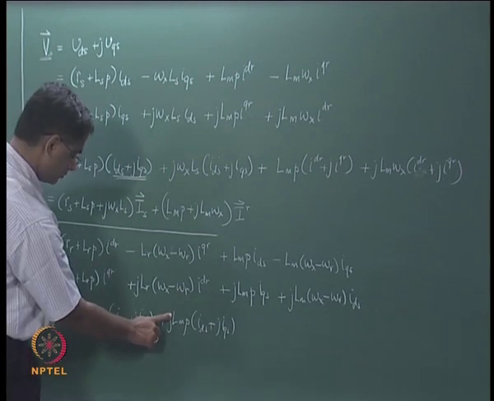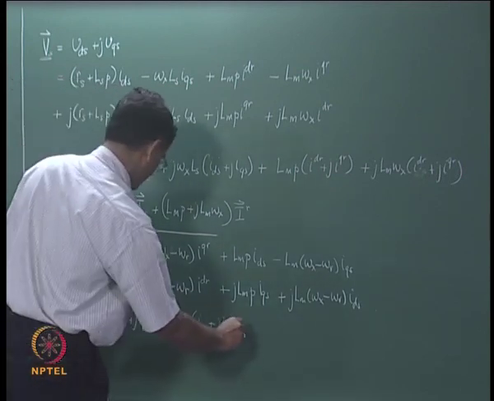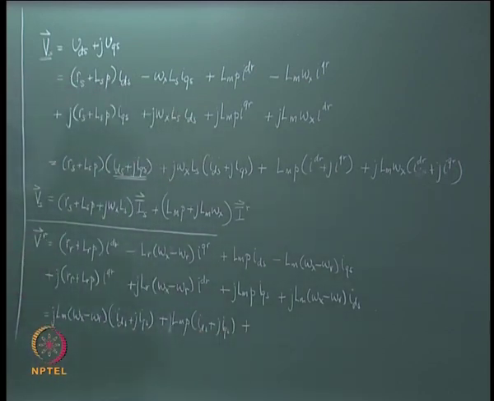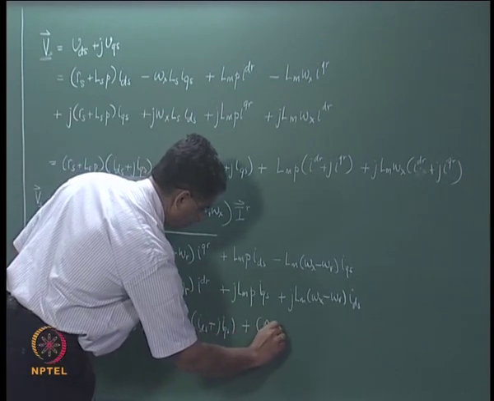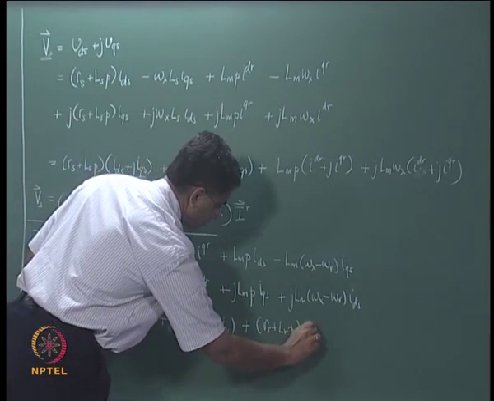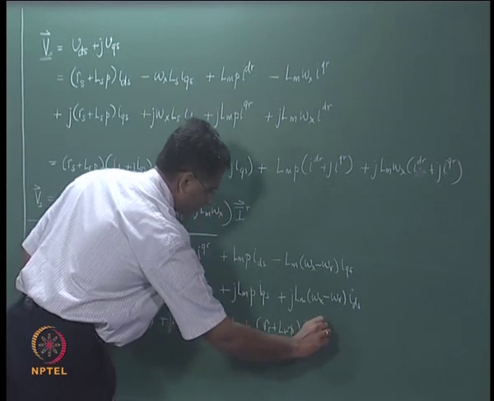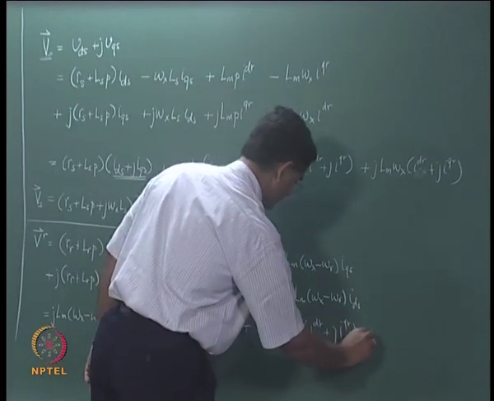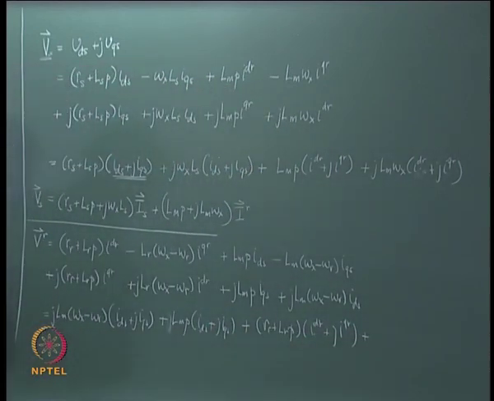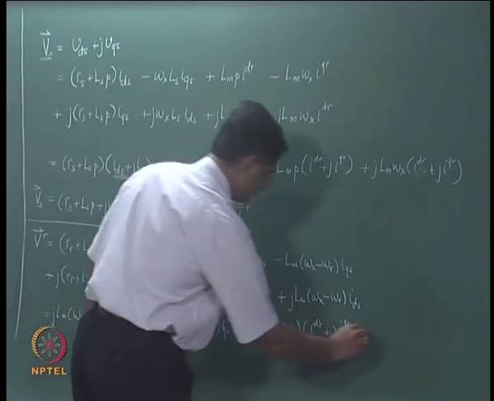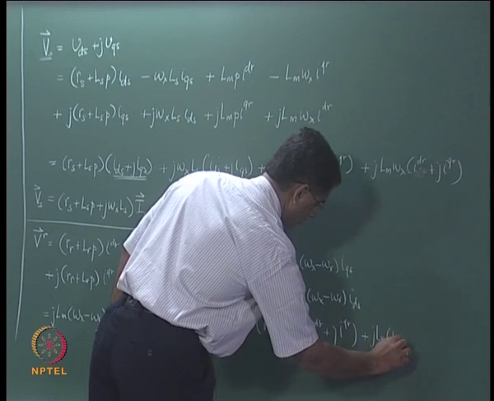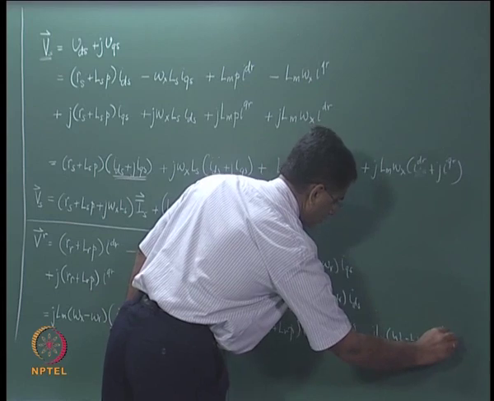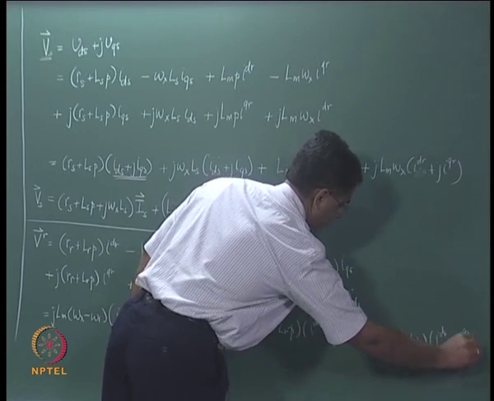No, there is no J here, it is just Lmp, and then you have Rr plus Lrp into Idr plus J times Iqr, and then the last term here, this is J times Lr into omega x minus omega r into Idr plus J times Iqr.